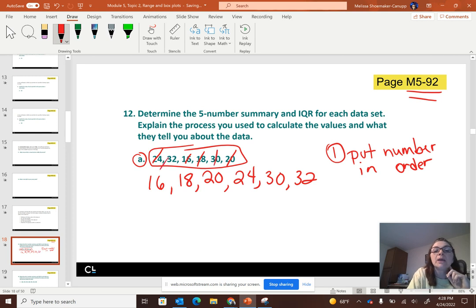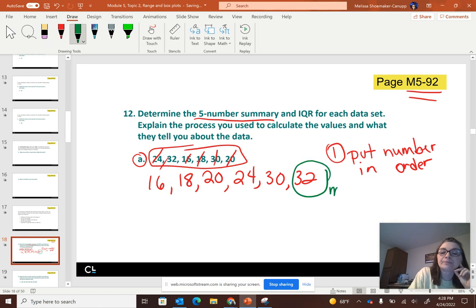Okay, now it says 5-number summary, but don't worry, I just want to do range today. Remember, we're going to get them all mixed up unless we practice one at a time. So remember, we're finding the maximum and the minimum, the largest and the smallest, and then we subtract.